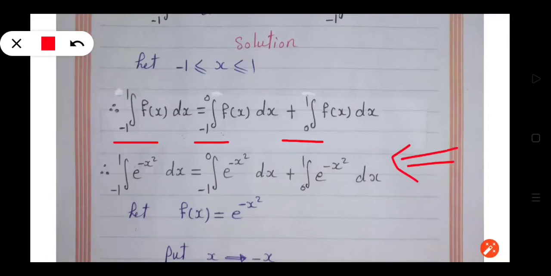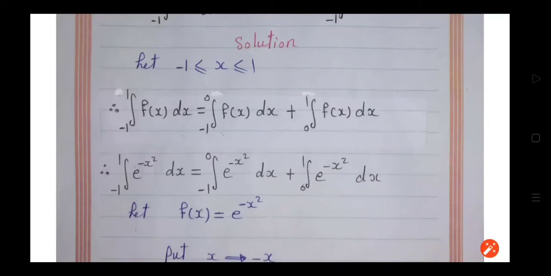But if the function is odd, and we have negative a and a limits, the values are equal but with the opposite sign. If the function is odd, that means that it's equal 0. That means that all of this area is equal 0. And if the function is even, we can write it down by 2 times from 0 to a for the same function.